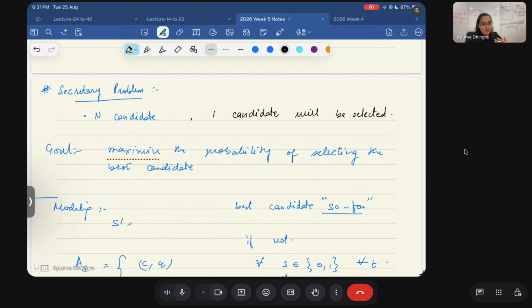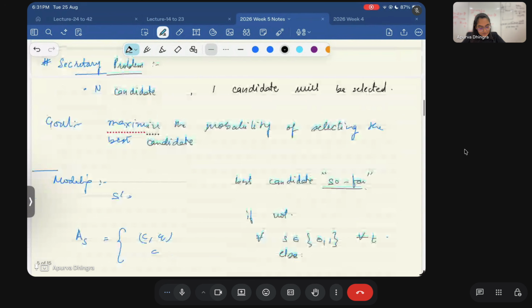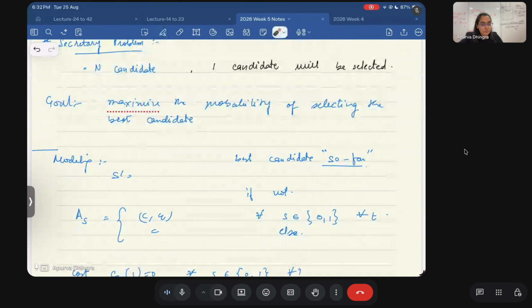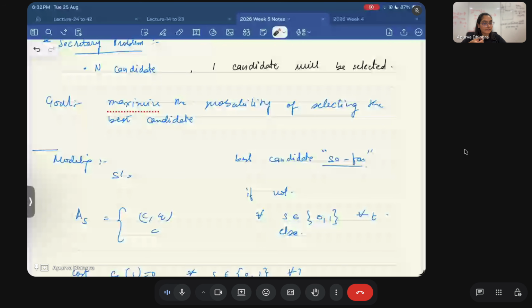So let's look at it more carefully. Okay, now here the state space for us is very simple. We describe the state space as best candidate so far. Meaning, if I have a total of 10 candidates and currently I am at the 5th candidate, is the 5th candidate the best candidate from the ones that I've seen so far or not?